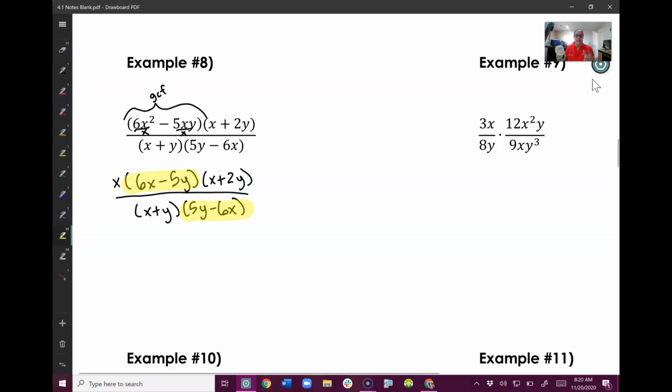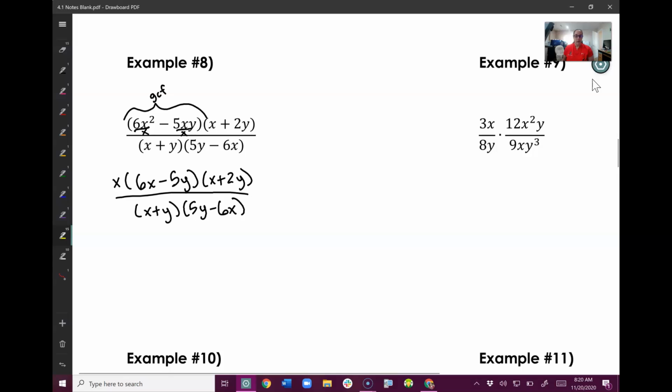Do you see how the signs are wrong? The top one has a positive 6, the bottom has a negative 6. The top one has a negative 5, the bottom one has a positive 5. So that means they are not identical. I can't cancel them out. However, when they're that close, just off by signs, we do have a small trick that we can do.